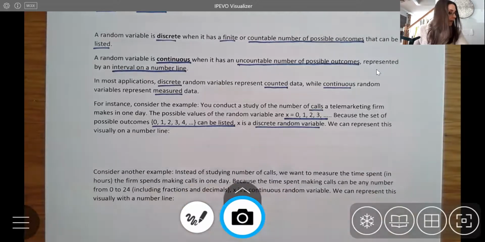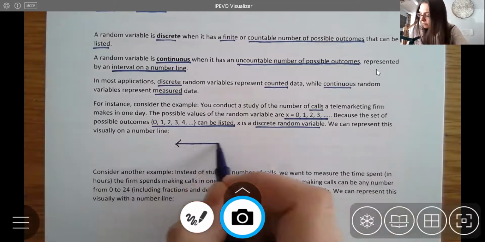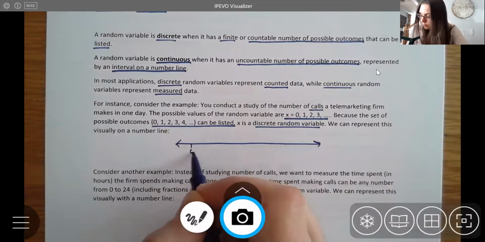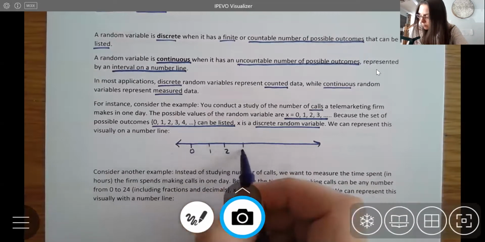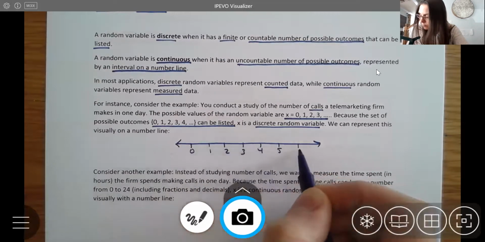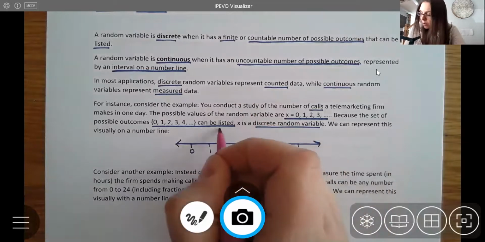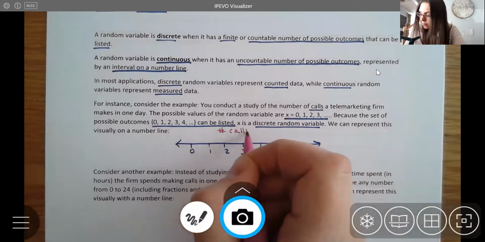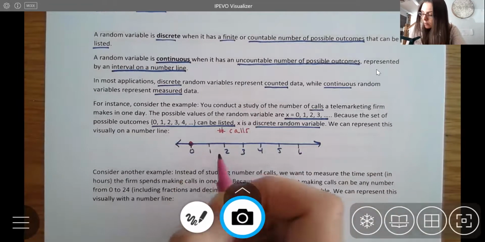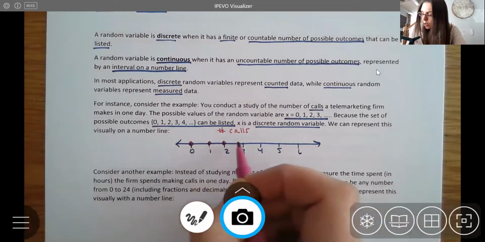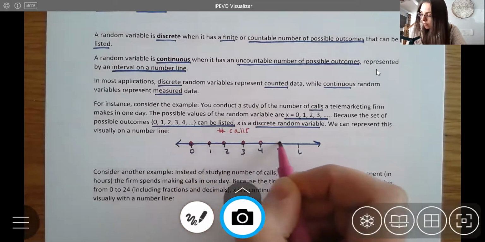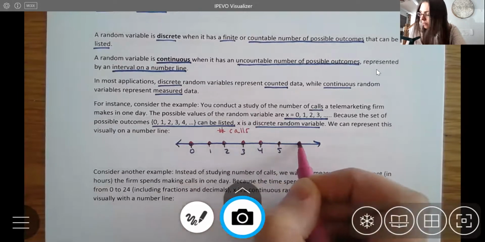Now on a number line, what this looks like is this. Okay, so I'll just do a few digits on the number line. So our possible values for x, so for the number of calls, would be 0 calls, 1 call, 2 calls, 3, 4, 5, 6, and so on, right?